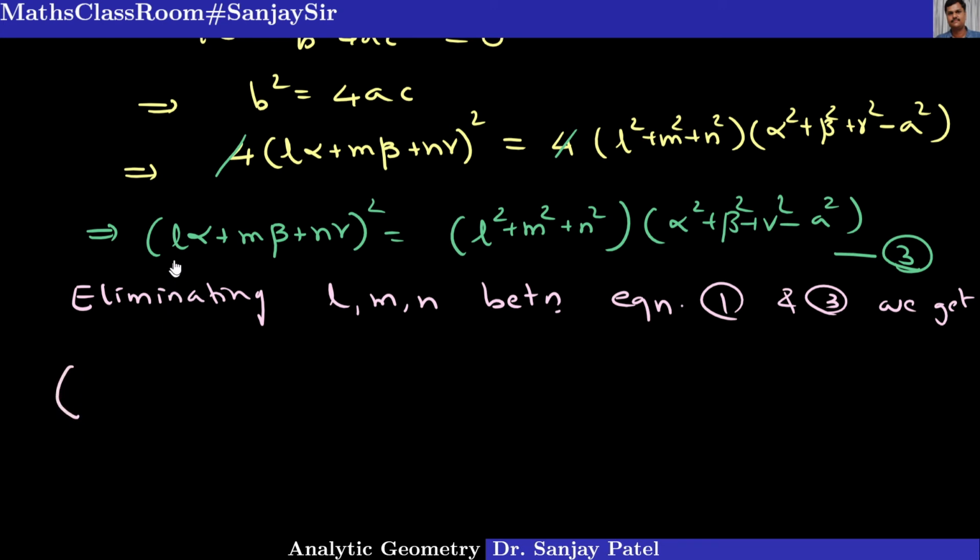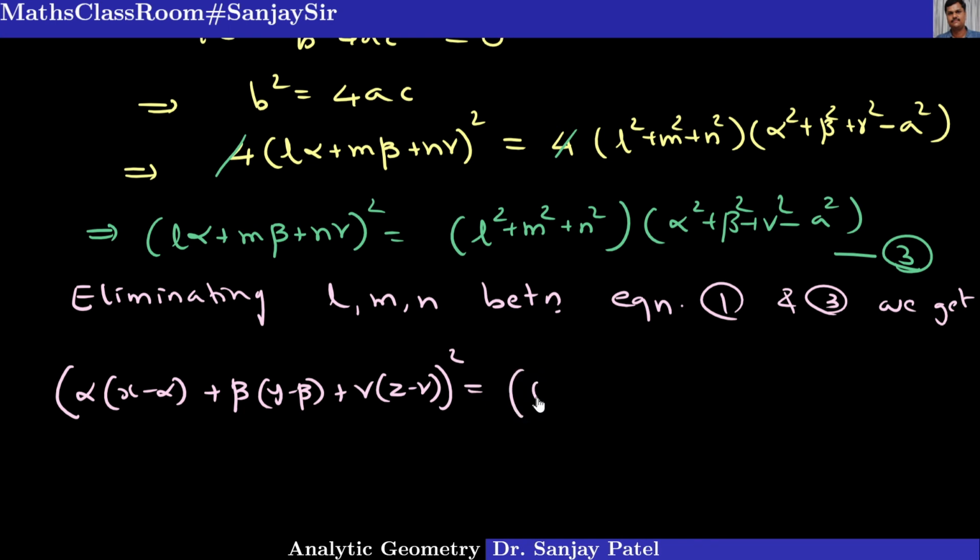So we get alpha times x minus alpha, plus beta times y minus beta, plus gamma times z minus gamma, whole square, is equal to x minus alpha square plus y minus beta square plus z minus gamma square, into alpha square plus beta square plus gamma square minus A square.